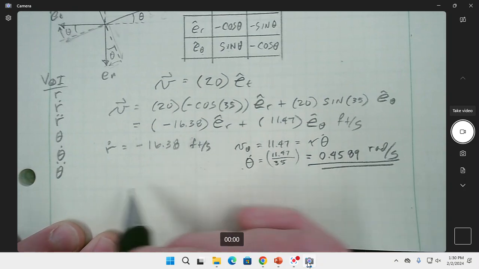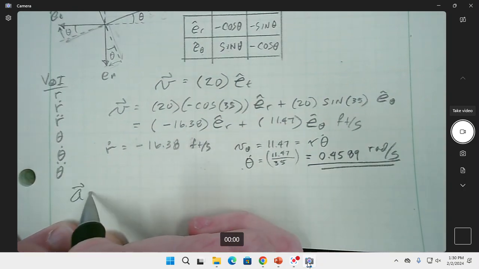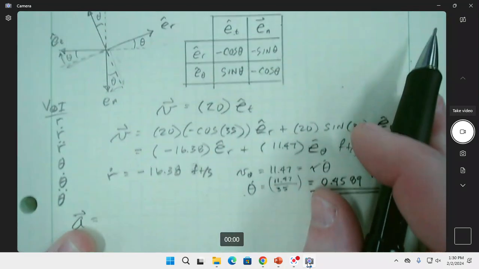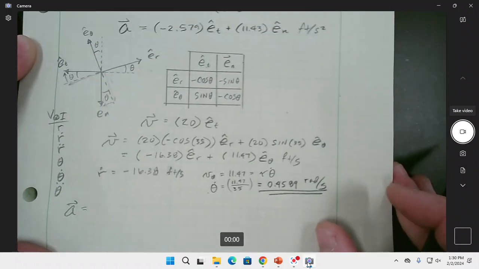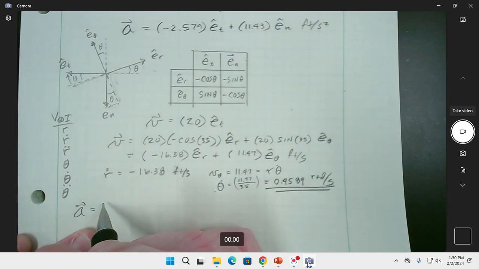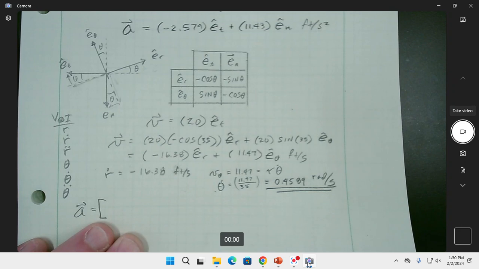Now we need to do the transformation of the acceleration. So that's going to be a little bit longer here. We started out, let's see, I've got to get this back on the screen. Maybe I've got to lift it up a little bit. Sometimes it's like juggling. So I could do an in-between step, but I feel so comfortable with my coordinate transformations, I could jump to this step.